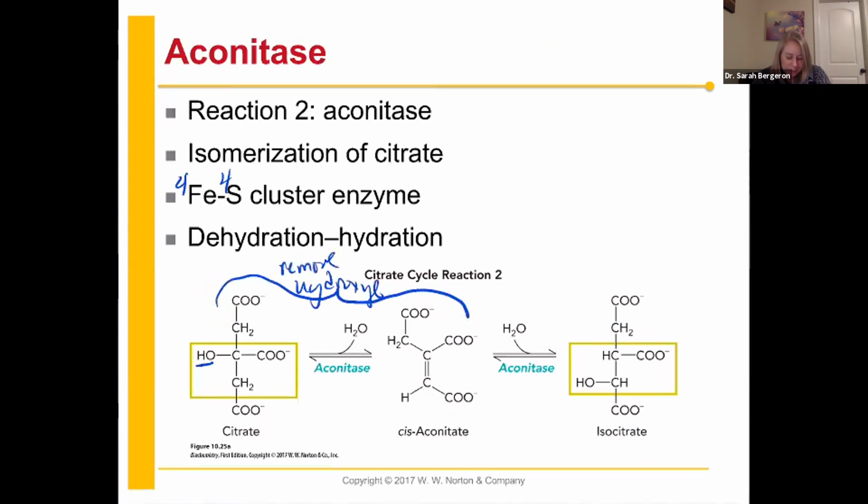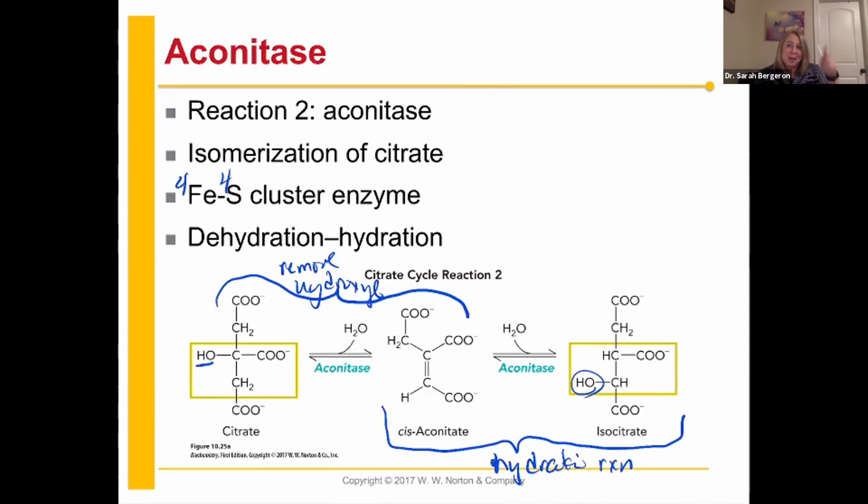But in our second phase of this step, we're going to do a hydration reaction. And so what we end up with is this hydroxyl shifted down, right? We remove it and then we stick it back on, but just in a different place.